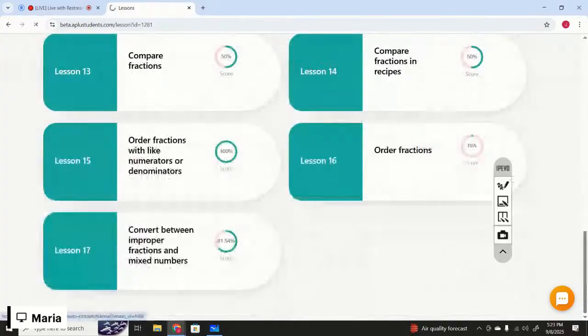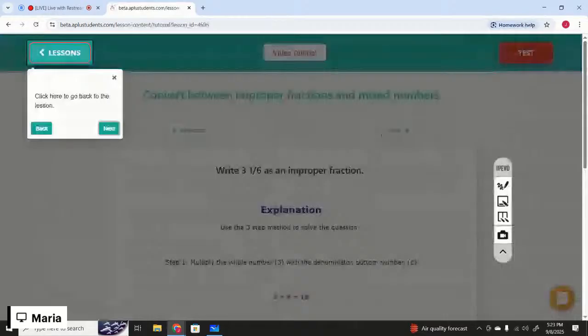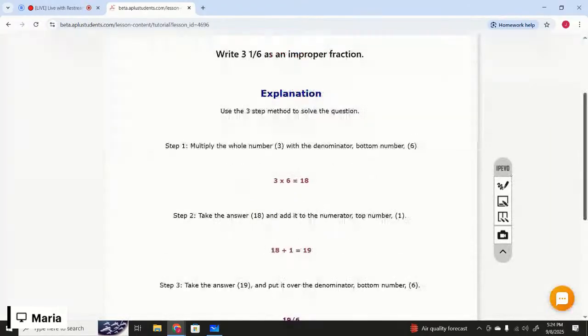Convert between improper fractions and mixed numbers. Write 3 whole 1 by 6 as an improper fraction.